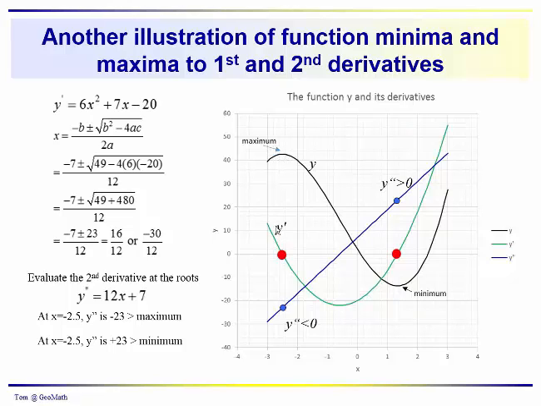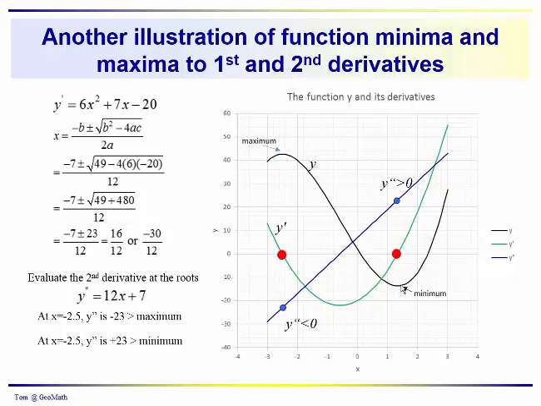It's a maximum, not a minimum, because the second derivative is negative. Conversely, the second derivative is positive over here above the second root, so we have a minimum in the function, a place where the slope is 0, but the second derivative is positive, so we know that we have a minimum.